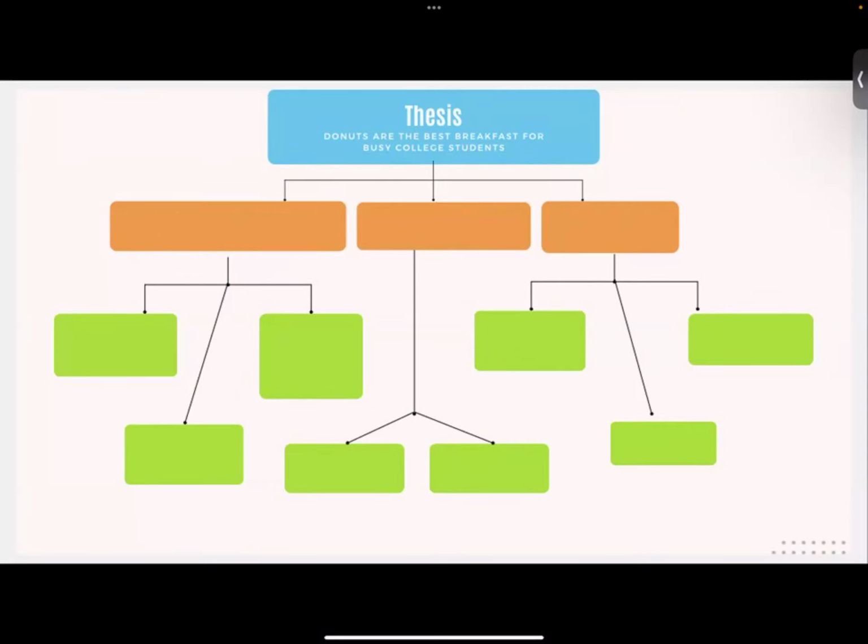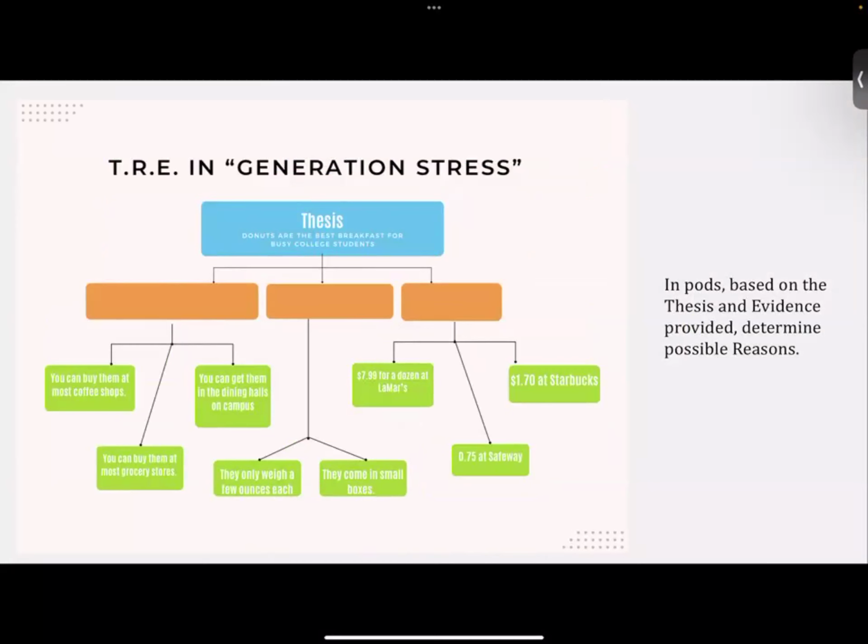This chart is going to help us illustrate the connections between thesis, reasons, and evidence. For the purpose of an illustration, we're going to go with something kind of silly, kind of fun, a thesis that donuts are the best breakfast for busy college students. Now, I've given you some evidence, and the instructions here on the side say, in pods, based on the thesis and evidence provided, determine possible reasons.